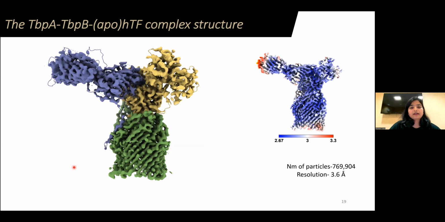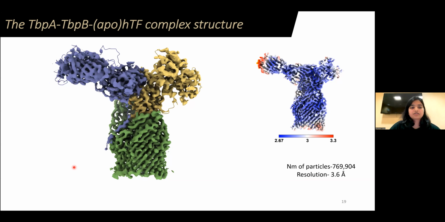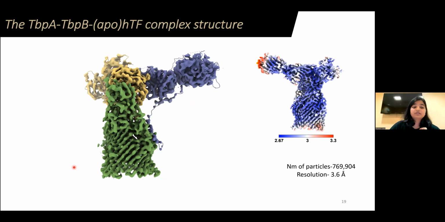So we went ahead. I'm just skipping the data collection and processing part. It was pretty much similar to what I showed earlier. Jumping to the data, we solved this beautiful, gorgeous triple complex structure where we can see all three components in there.